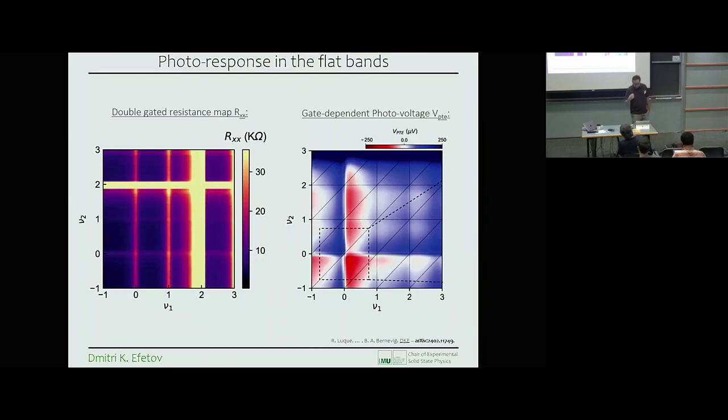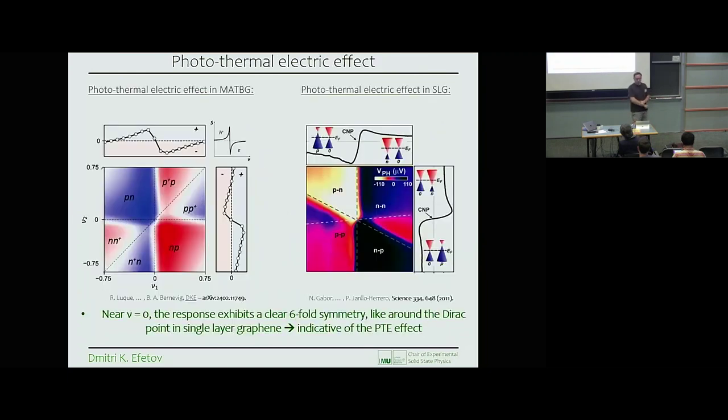And to understand the mechanism that we are actually measuring here, what came in really handy was to zoom in on the charge neutrality point. If we zoom in, we observe this characteristic 6-fold pattern when we look at the photovoltage as a function of the two gates.